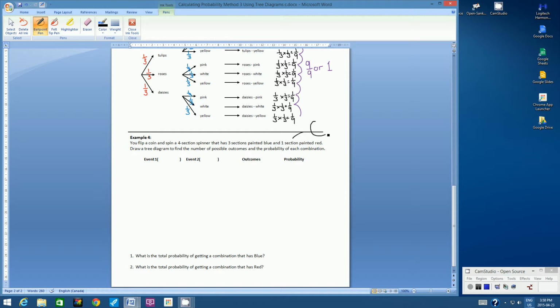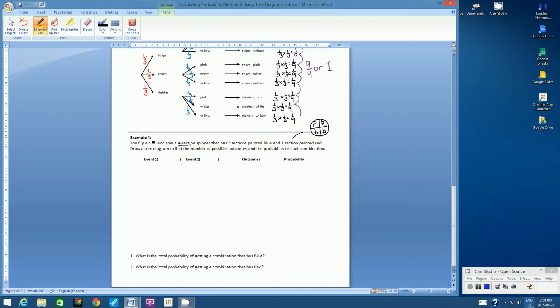The best way to visualize it is to draw a little diagram. We know it's a 4-section spinner. It says so right here. 3 of the sections are painted blue, so I'll just put a B, B, and B, and then 1 section is painted red, R for red. So now you know what the spinner looks like.